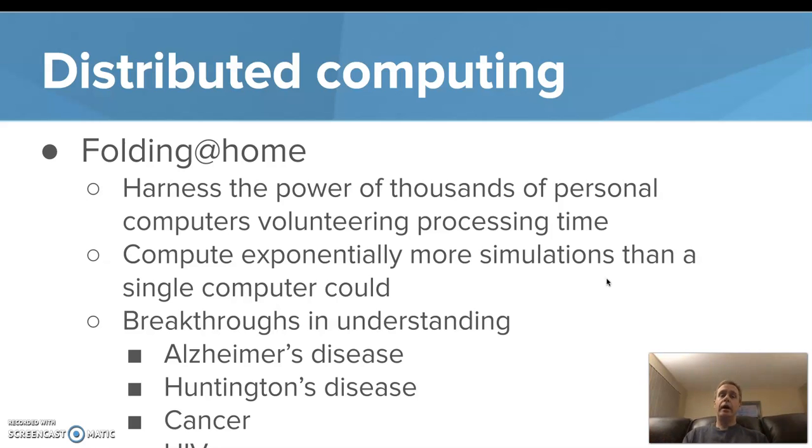Being able to access various computers throughout the internet provides a much higher processing power, and this has provided certain breakthroughs in understanding various diseases, as you see here: Alzheimer's, Huntington's disease, cancer, and HIV. So that has been another benefit of the internet.